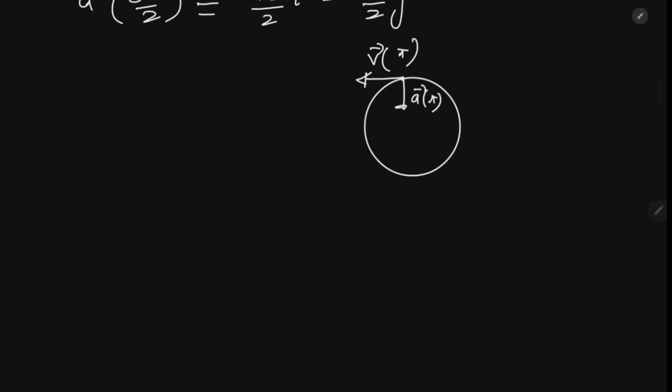And at another point, when we have t equal to 3 pi by 2, you don't need to remember that. You first need to plot all these vectors in the xy plane and then copy paste accordingly.